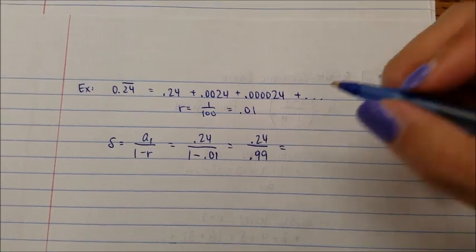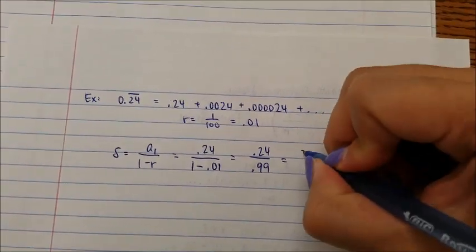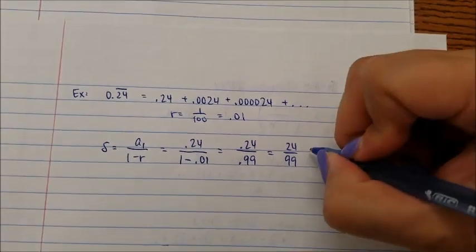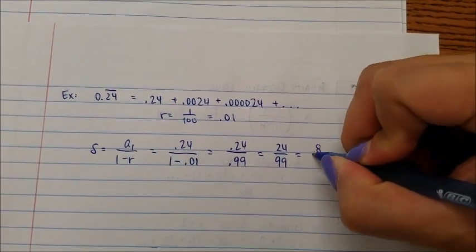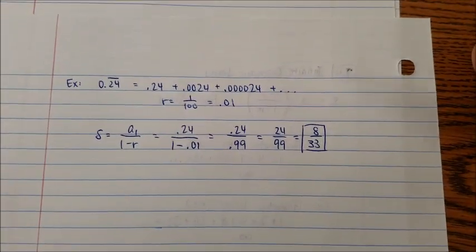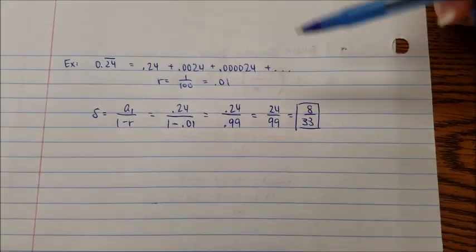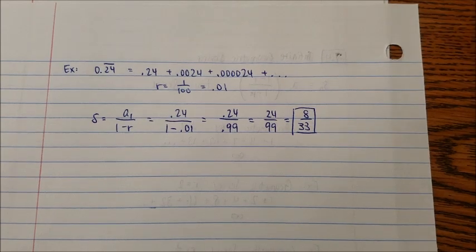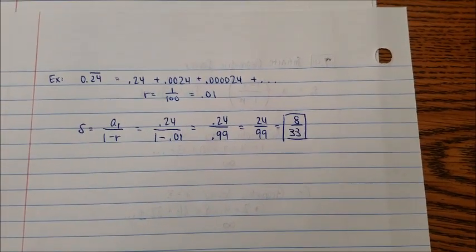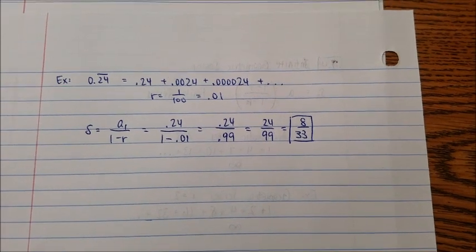So it's kind of like multiplying the top and the bottom by 100. This gives me 24 over 99, which we can then reduce to 8 over 33. So we know 0.24 repeating as a fraction is just 8 over 33. It's kind of cool. All right, that's the end of my notes for 7.4.